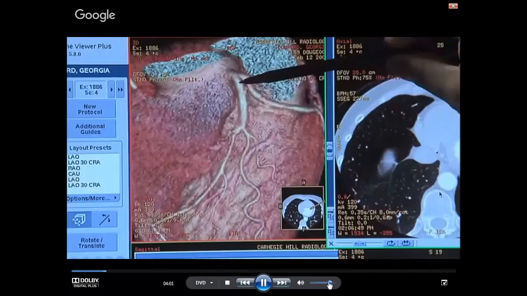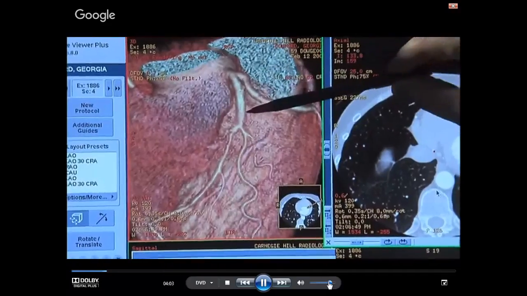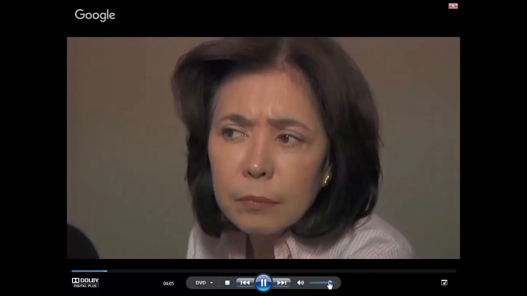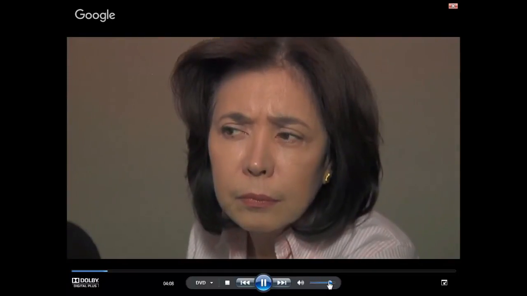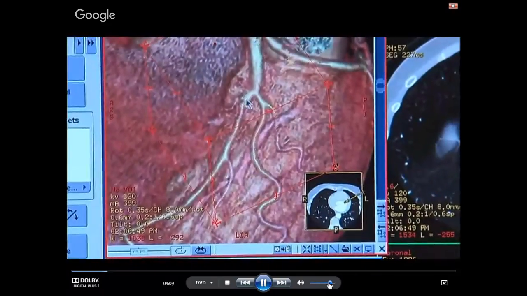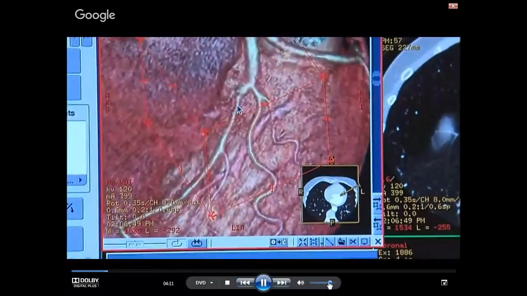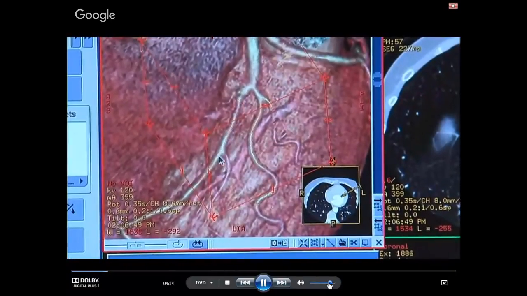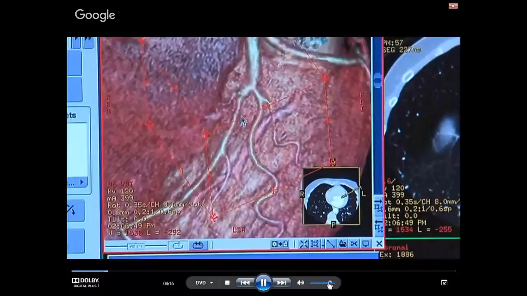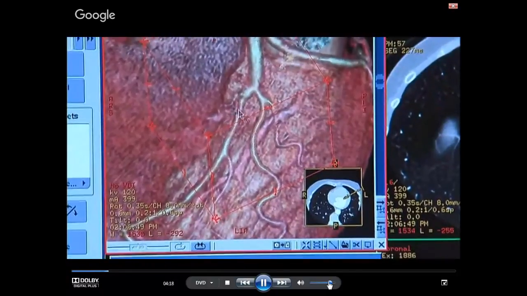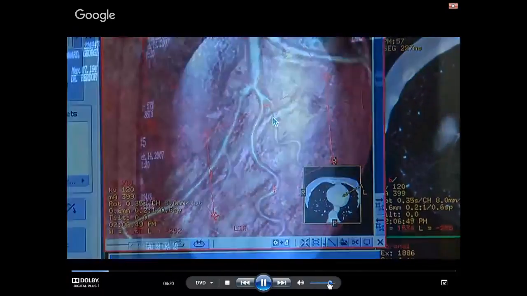Here is the left coronary artery that comes off of here. This artery looks very large and healthy up here, but then suddenly there's a big change from this size artery down to this size artery, and then it kind of opens up again. This right here is the area where it looks like significant blockage.